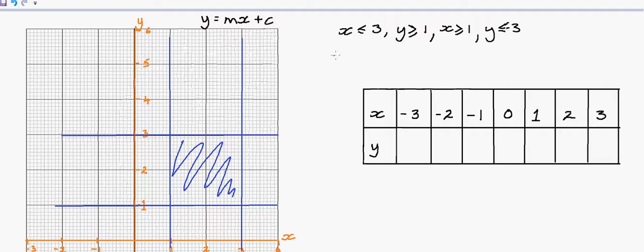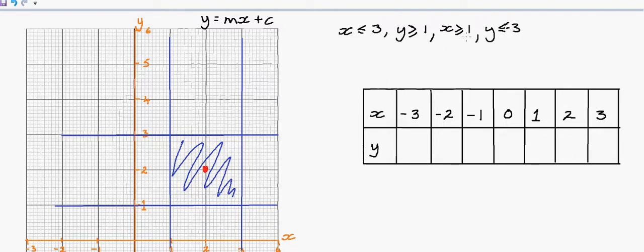Okay, so if I take this point again, I'll choose another colour. If I take this point here, okay, at this point here x is 2. Well, it says here x is less than 3. Well, 2 is less than 3. And it says here x is greater than 1.